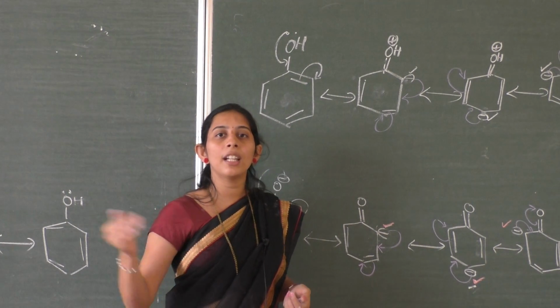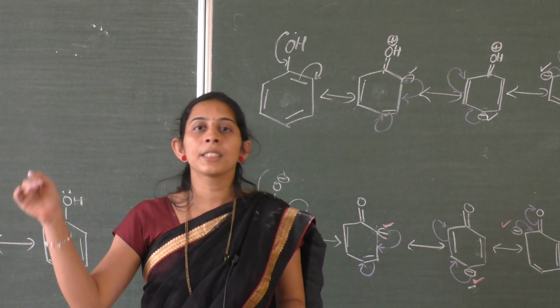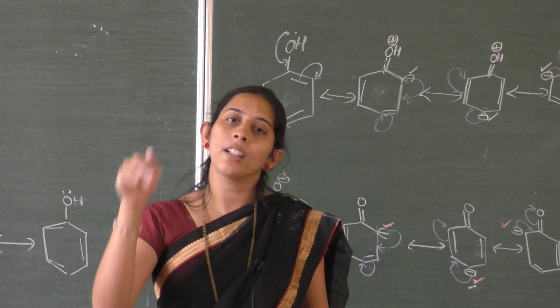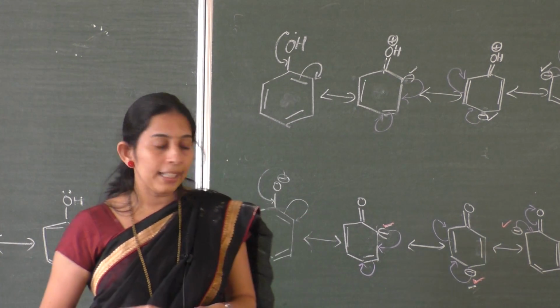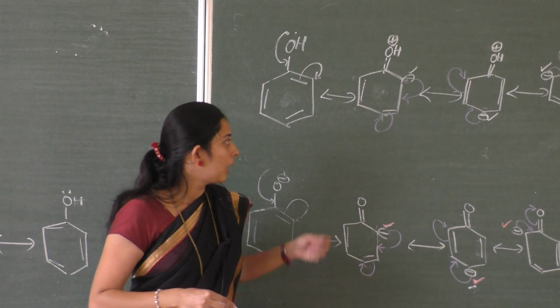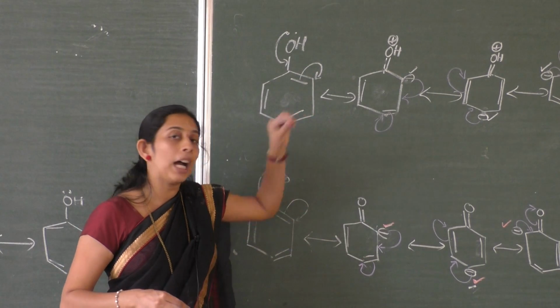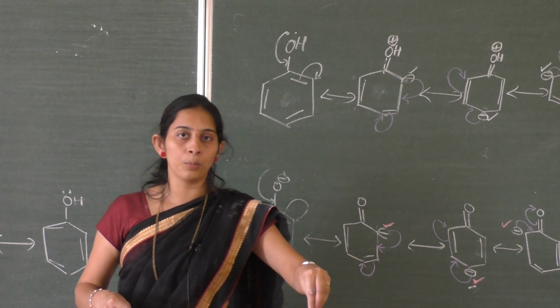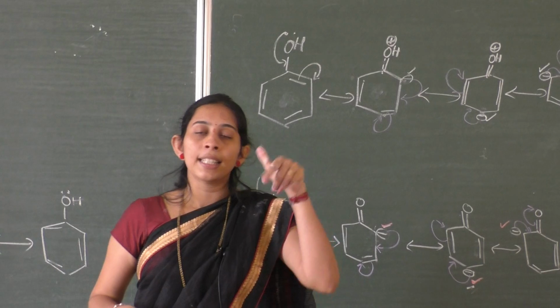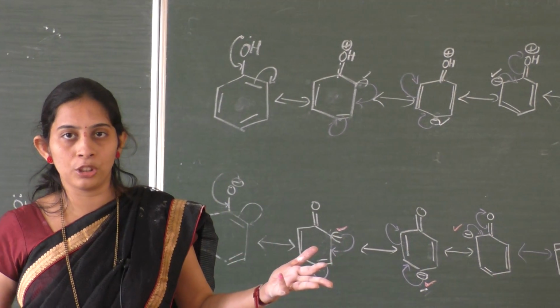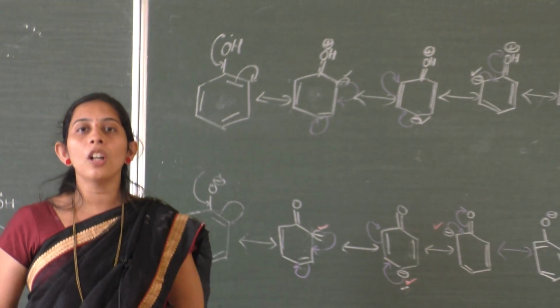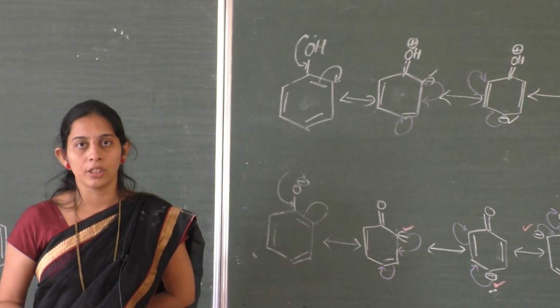Therefore, whenever a new group comes and attaches to the phenol or any phenoxide ion, the new incoming group attaches only to the high electron density position. Which position? That is the second as well as the fourth position, or we can say the ortho and para position.